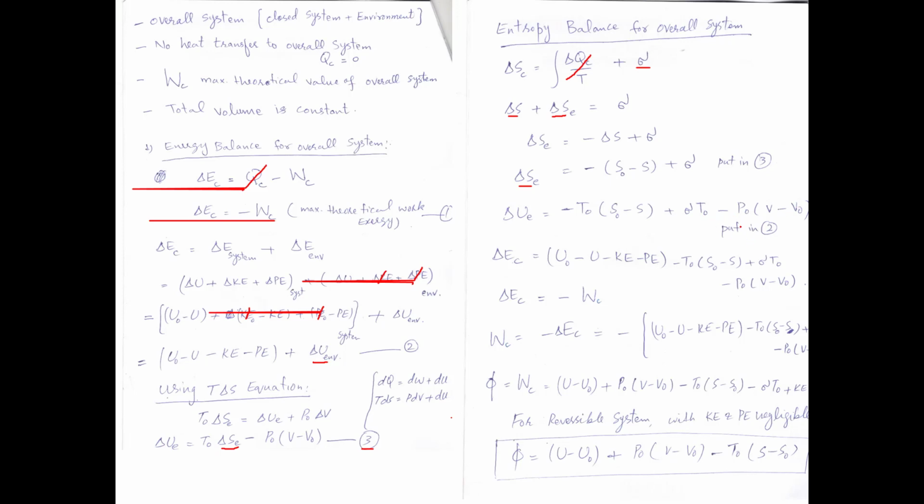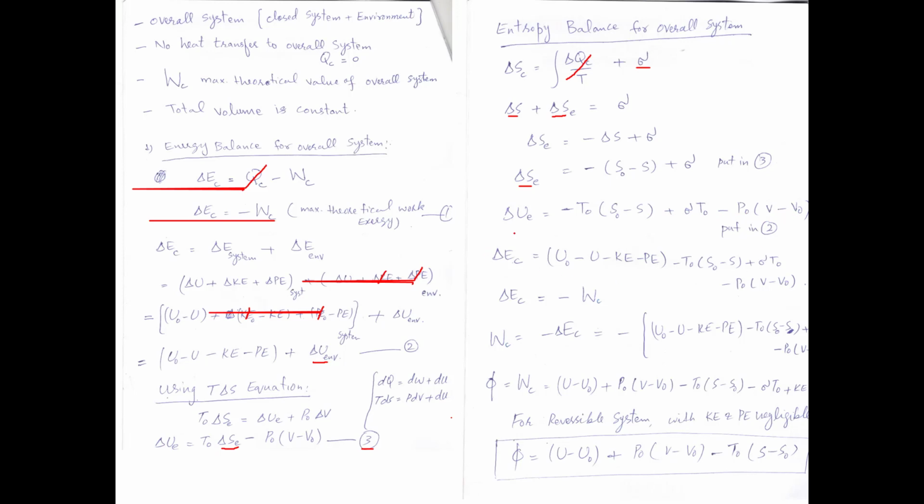Now we can put that value in equation 2. So basically we need that value, delta U environment. So we can put that value in that equation. So finally delta UE would be equal to minus T naught (S naught minus S plus sigma) T naught minus P naught (V minus V naught).